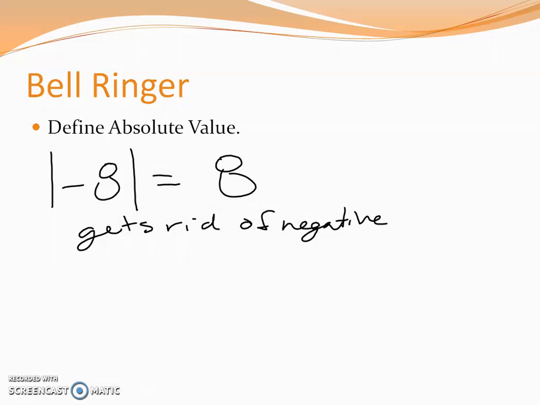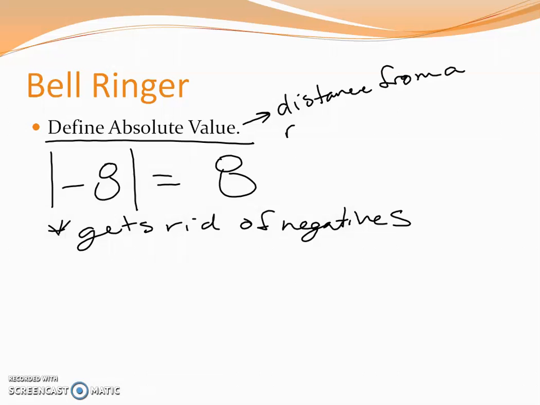Okay, that's kind of an arbitrary thing. It is true, but why is it doing that? Well, the reason is our definition of an absolute value. The definition of an absolute value is the distance from a real number to 0.